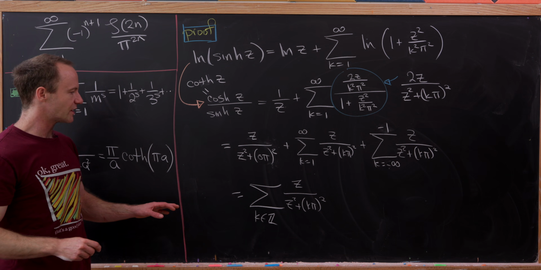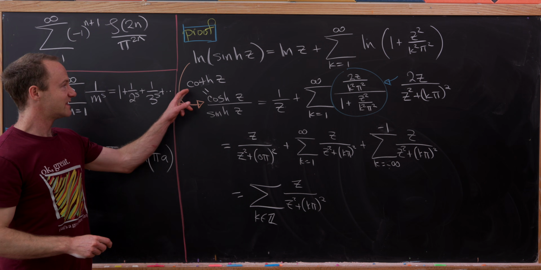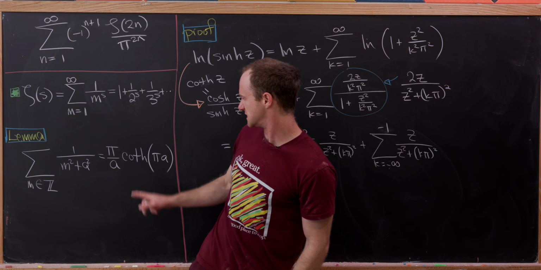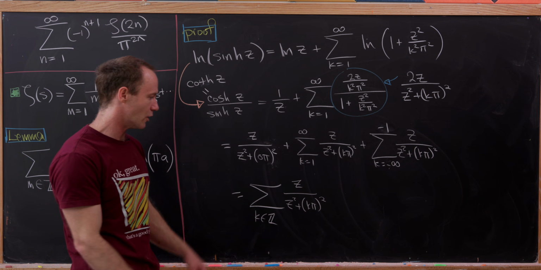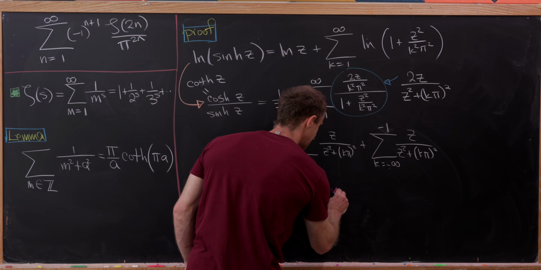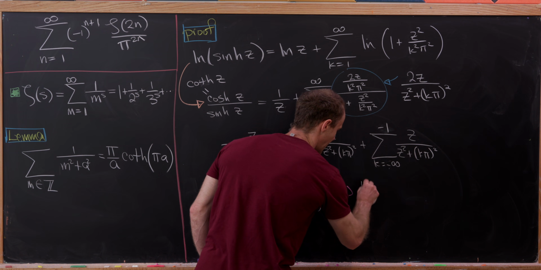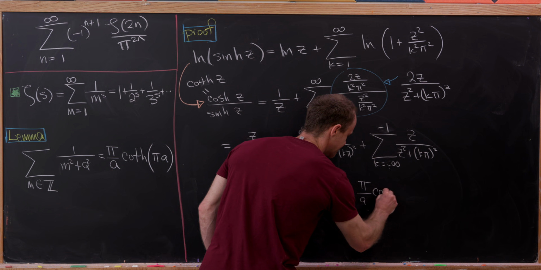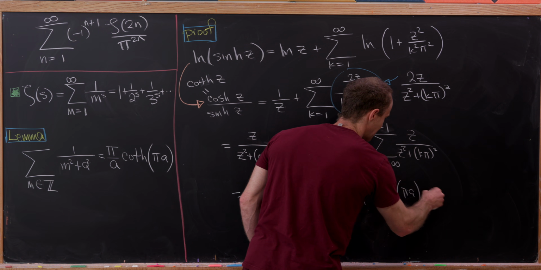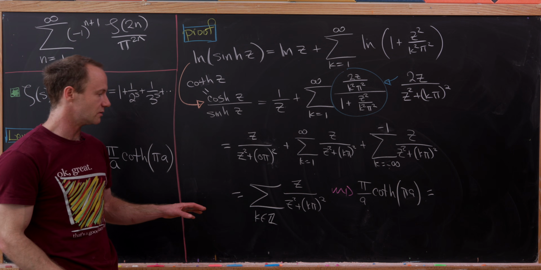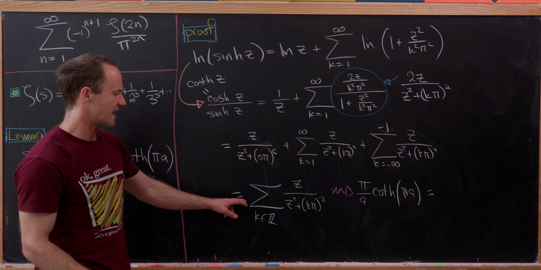And now where would we go from here? Well, at this stage, I'm just going to set z equal to pi times a and then multiply by pi over a, and then we'll have it. Let's see. We'll have pi over a times this hyperbolic cotangent evaluated at pi times a is equal to, well, let's maybe write it out.